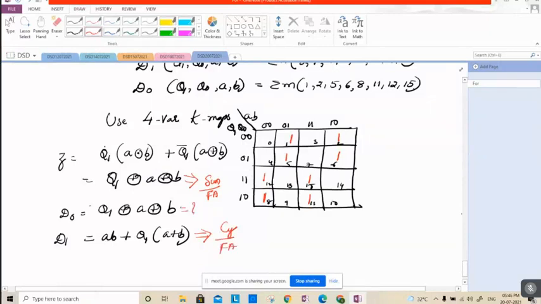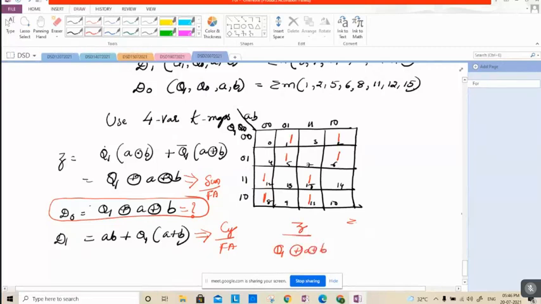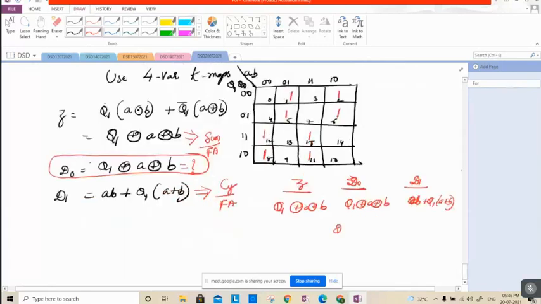Now why again this? Why do you generate this? The expression for Z is Q1 XOR with A XOR with B. In D0, the expression is Q1 XOR with A XOR with B. In D1, it is AB plus Q1 into A plus B. Now, what about Q0?